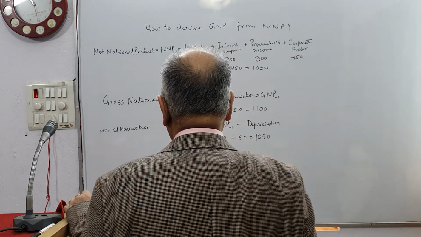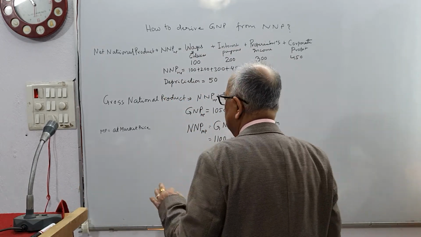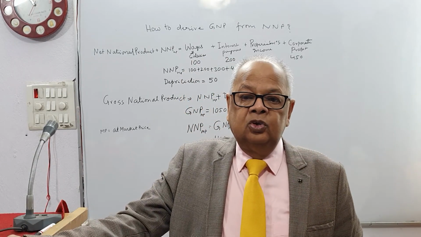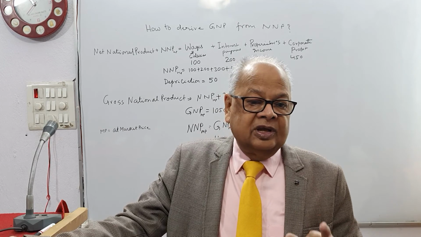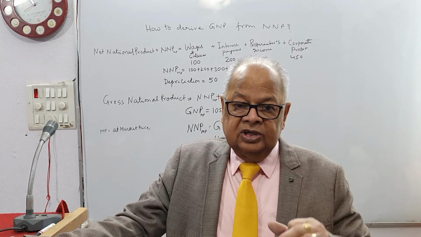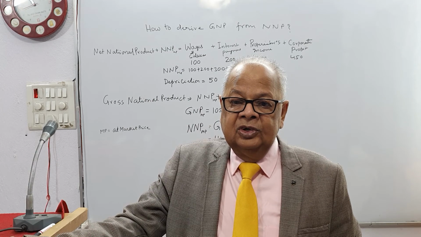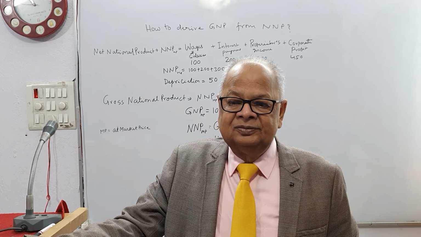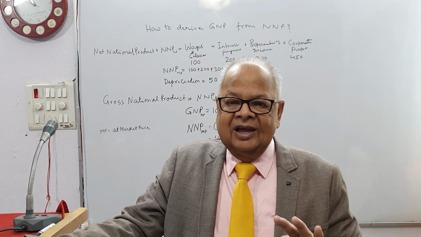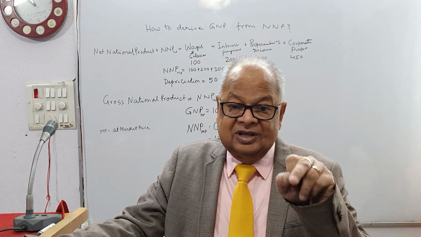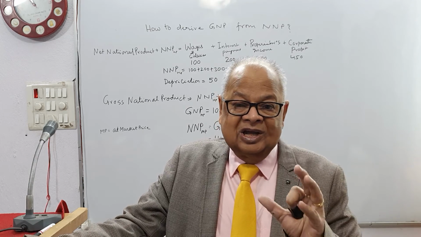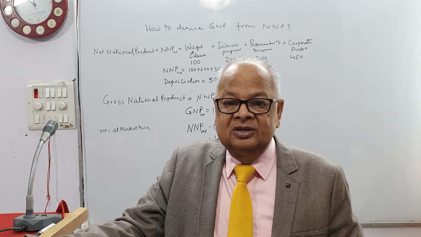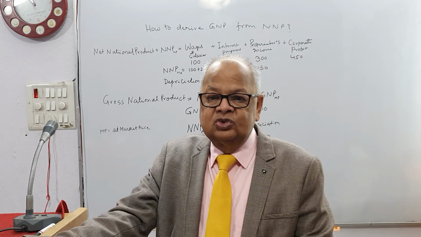And if someone asks you what market price is, you will say that market price means that in the calculation of national income, tax is not deducted. Indirect tax is not deducted, it is inside it. Many transfer payments are inside it. Subsidy is inside it.